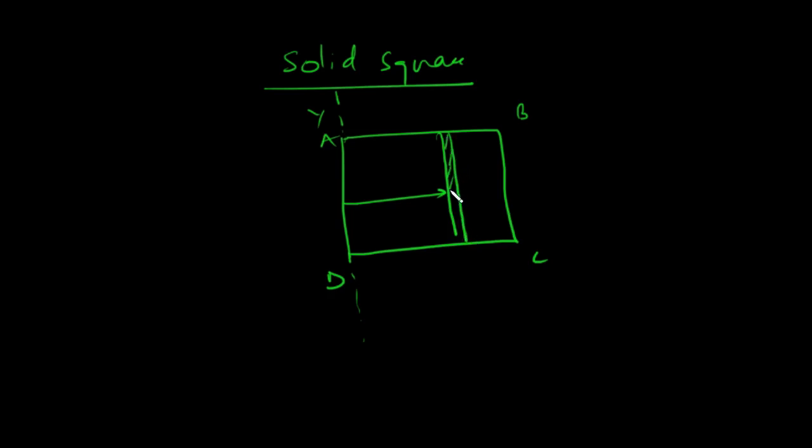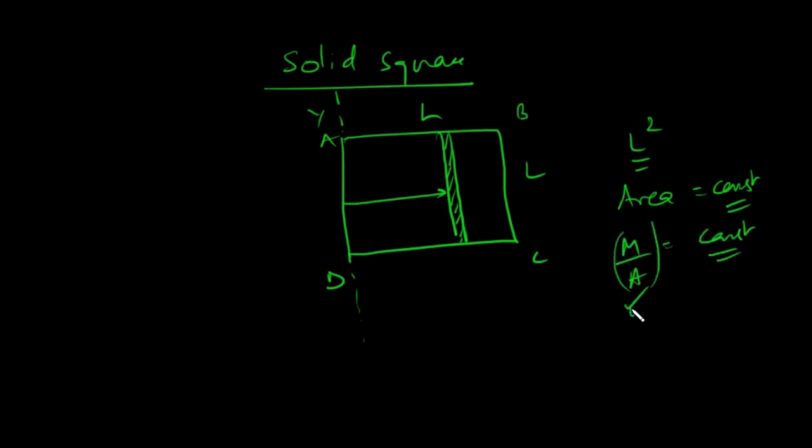Okay. Now, you see the area of the square is L square, and the area of the square will remain L square. Alright. Area is constant. So we can take mass per unit area as constant. Since mass is constant, we take this value, mass per unit area, as constant. So what will be the mass of this?